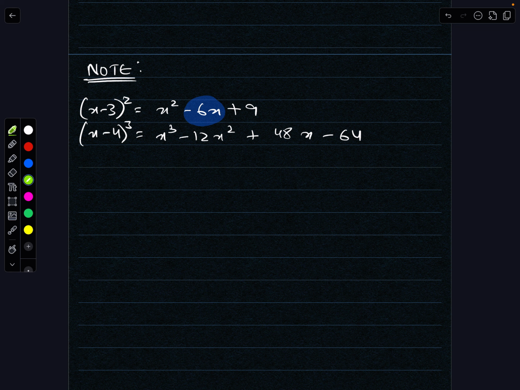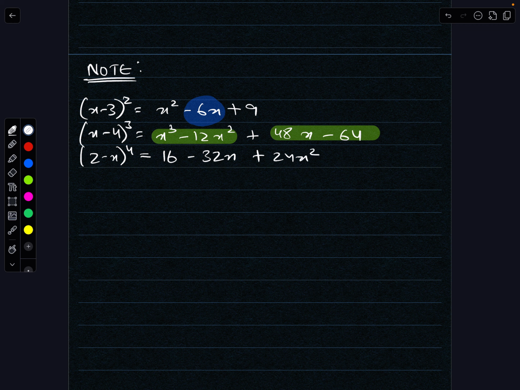In this case, we do not have a middle term. Then let's take (x^2 - x)^4. So its expansion will look something like this. In this case, do I have a middle term? Yes, I do.